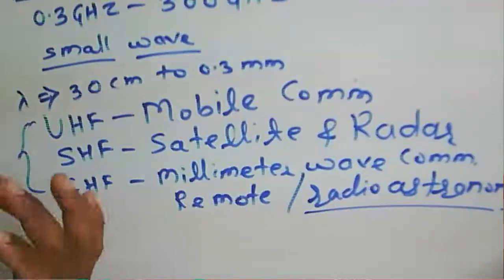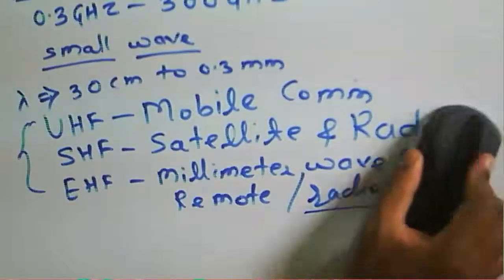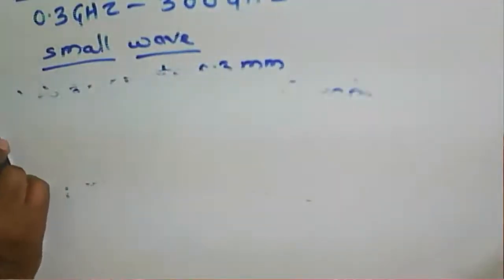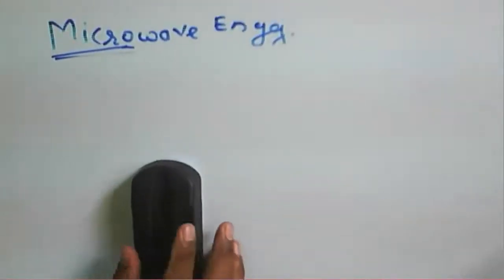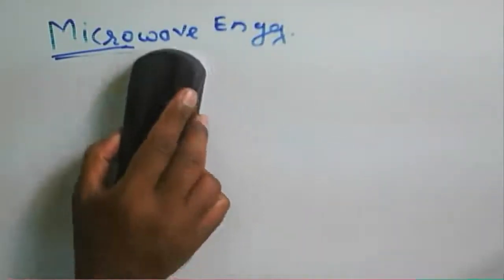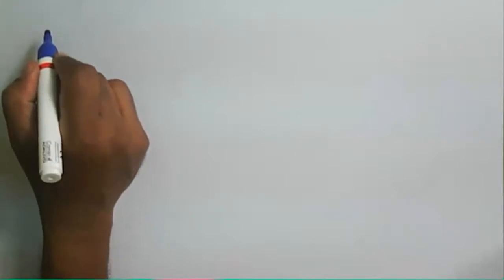Now, based on this microwave frequency band, we have to define some characteristics of a microwave. So what are the various characteristics of a microwave? Already we have learned, or we know, what the frequency band is, and what the wavelength will be, everything that we know.